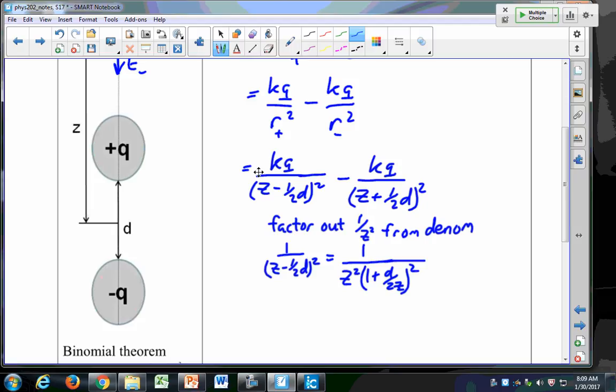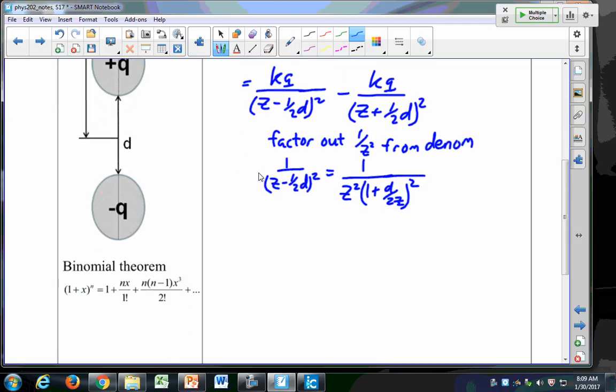I'm not going to go through how that happens. You can go through the algebra later if you want. But I can factor out this Z squared from the denominator. This business is equal to this business. All right? And also, please note, my Z's have lines, my 2's do not, so they will look similar otherwise.